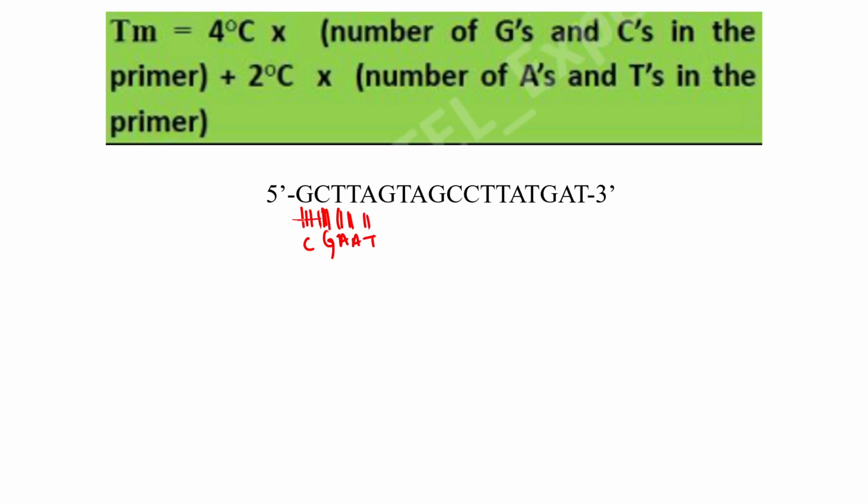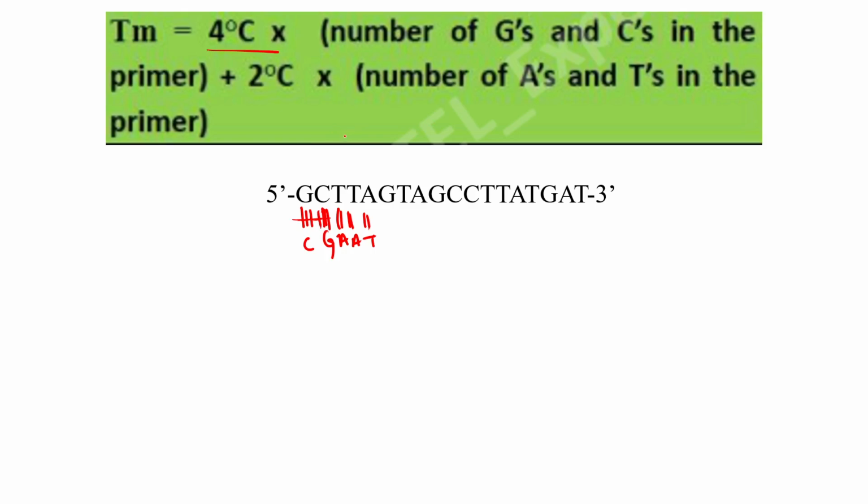So to break these we will need higher temperature, so 4 degrees Celsius for the number of G and C's in the primer and 2 degrees Celsius for the number of A and T's in the primer. So you can easily calculate. You just have to count the number of G and C's, multiply it by 4, and then count the number of A and T's, multiply by 2, and then add it up.